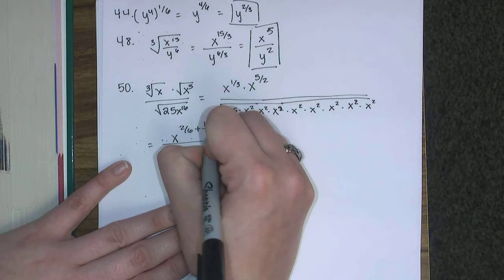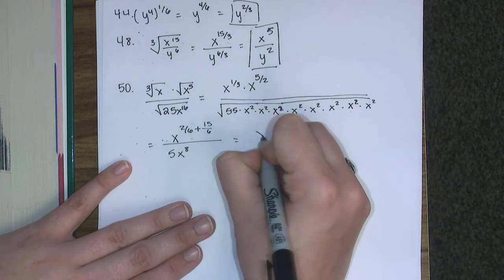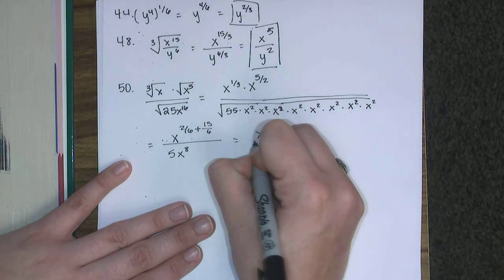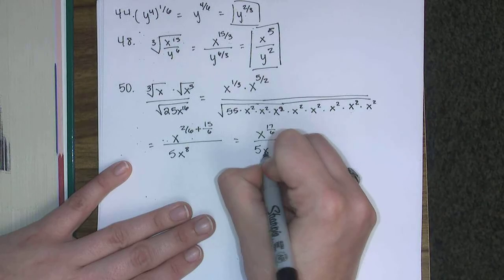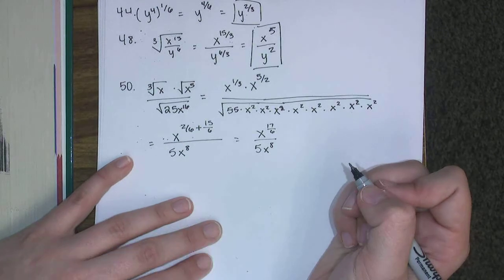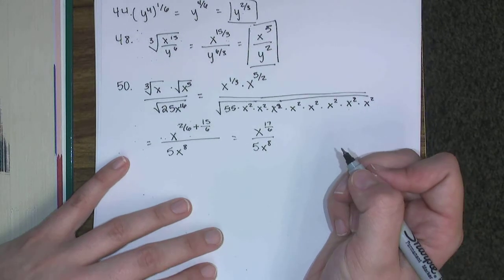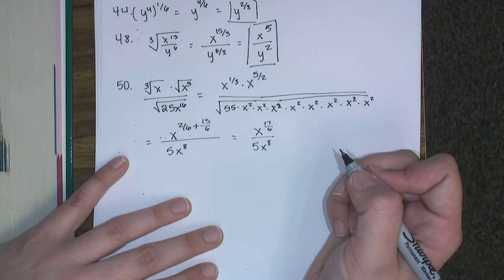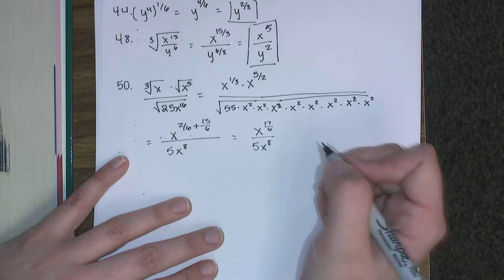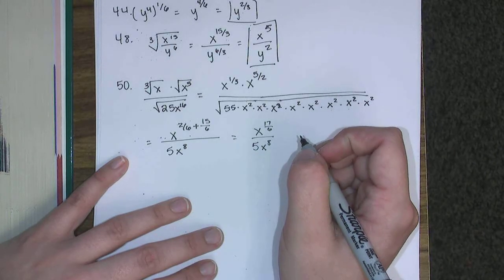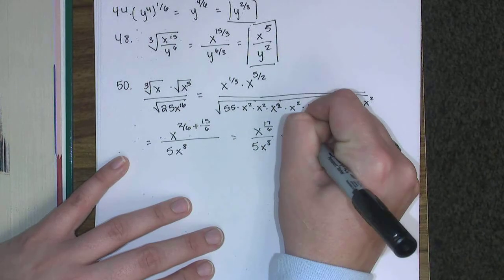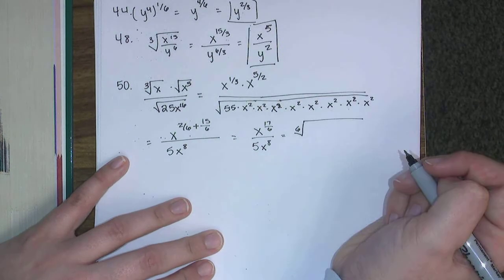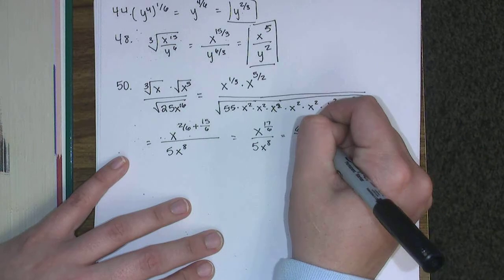Now, the problem with the top is I need to think about pulling stuff out, because that is not simplified as far as possible. Right now I have the 6th root of x to the 17th. That means I would have 17 x's here: 6, 7, 8, 9, 10, 11, 12, 13, 14, 15, 16, 17.